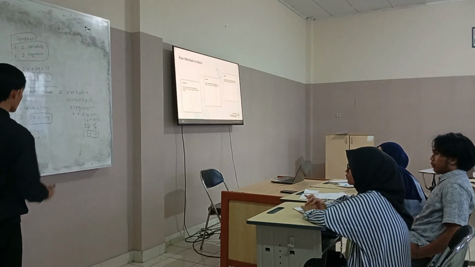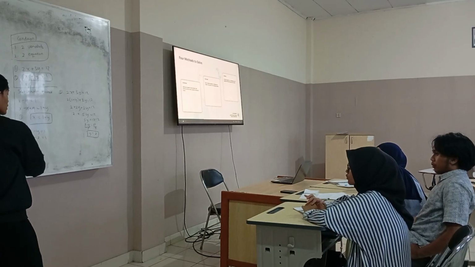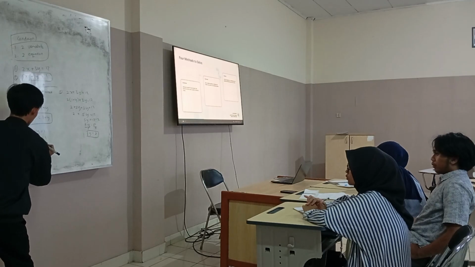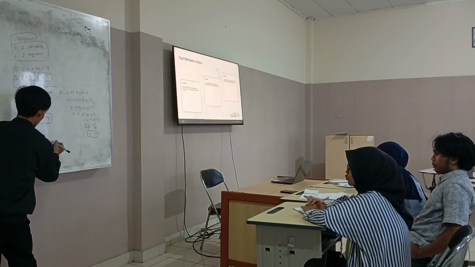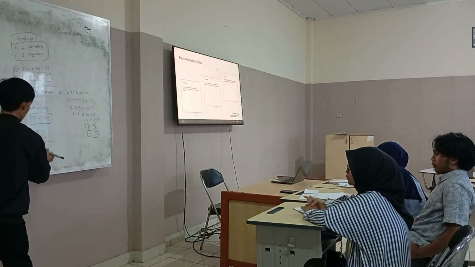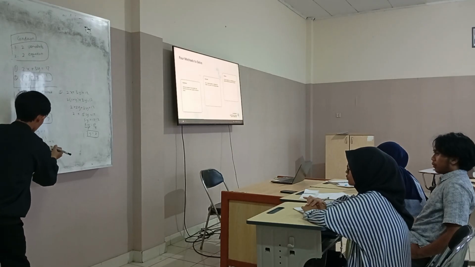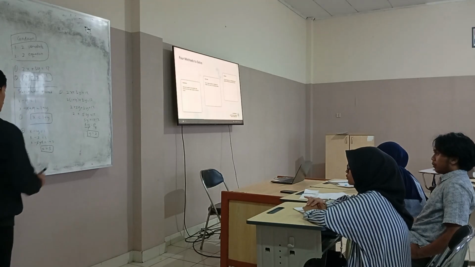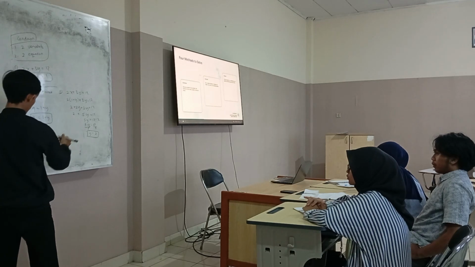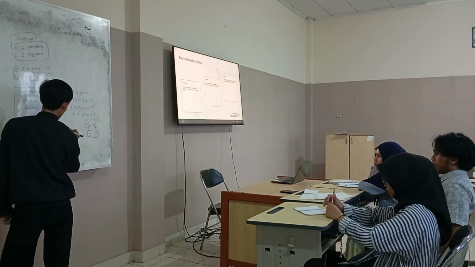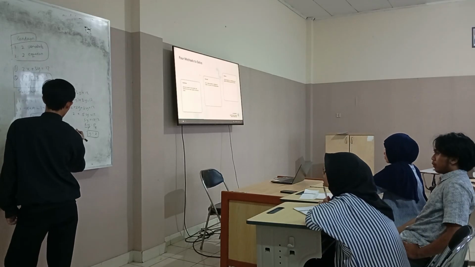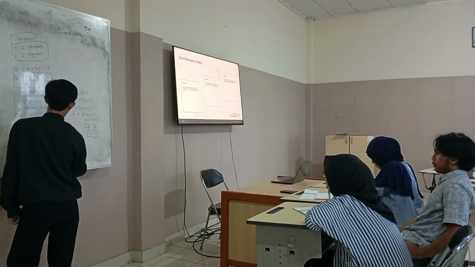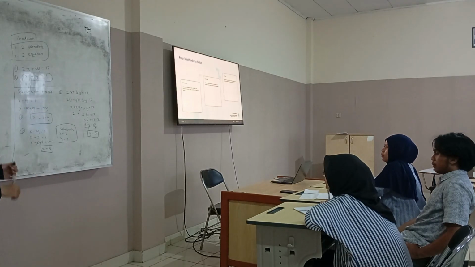Now we'll eliminate this by adding 2 on the left side and 2 on the right side. So it will be x minus 2 plus 2 equals 1 plus 2. You can add it, and it will be x equals 1 plus 2, which is 3. Now we get the solution. So the solution is x equals 3 and y equals 2. And this is the solution of the substitution method.